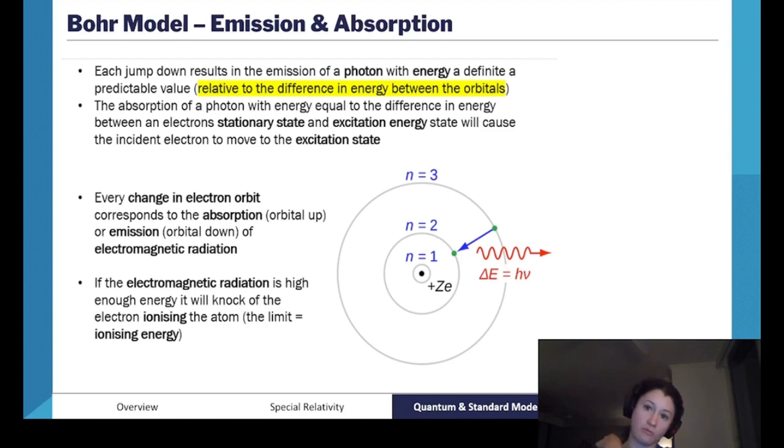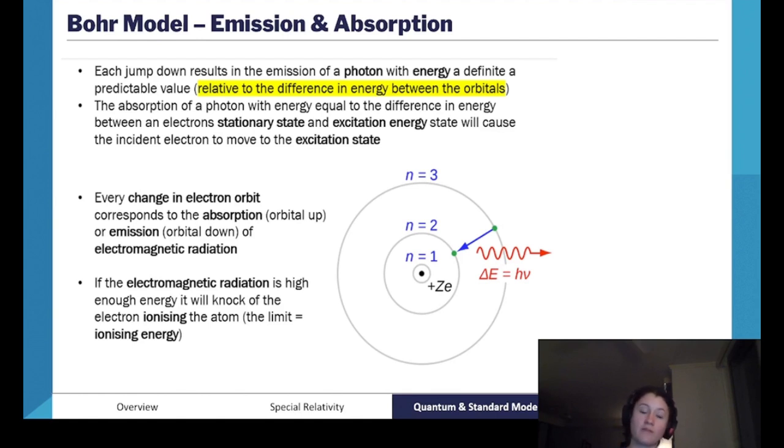So if we give an electron a photon that has the energy it needs to move up an orbital, it will. Every change in electron orbit corresponds to the absorption or emission of electromagnetic radiation. Absorption is when it moves up an orbital, and emission is when it moves down an orbital.